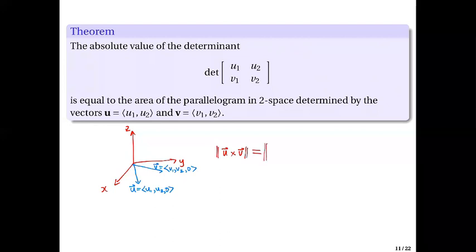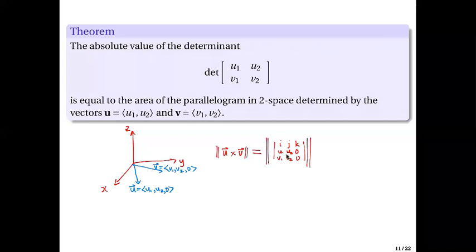Let me use the determinant: i, j, k, u1, u2, 0, v1, v2, 0. And then you get the norm of this.